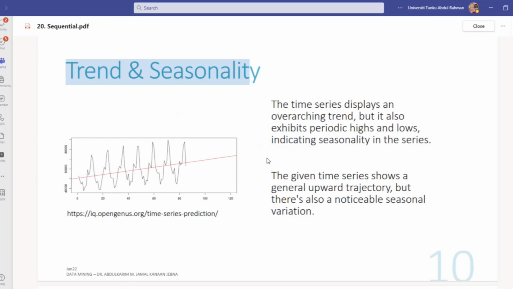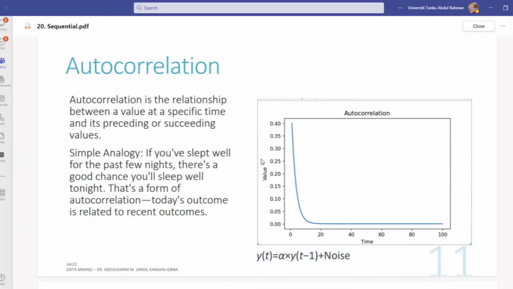Okay. Now another characteristic is autocorrelation. What is autocorrelation? Autocorrelation is the relationship between a value at a specific time and its preceding or succeeding value. For example, if you have slept well for the past few nights, what is the chance that you're going to sleep well today as well?